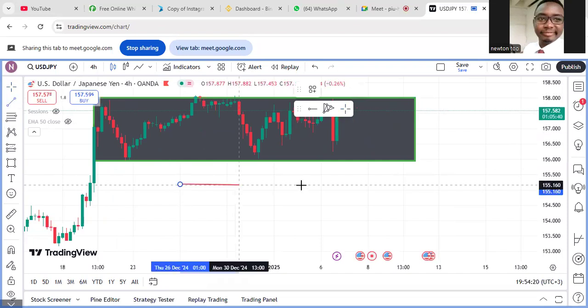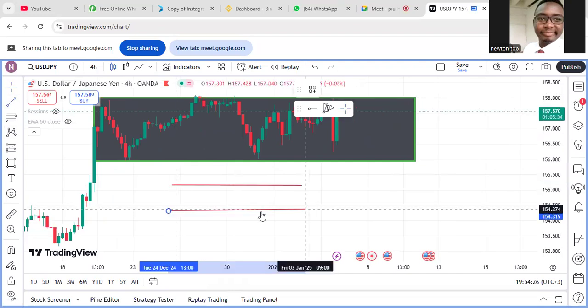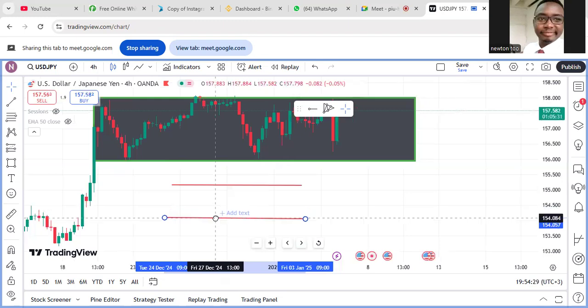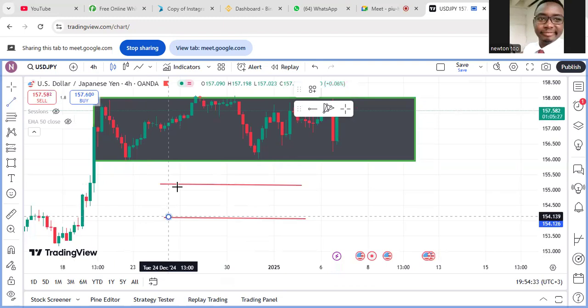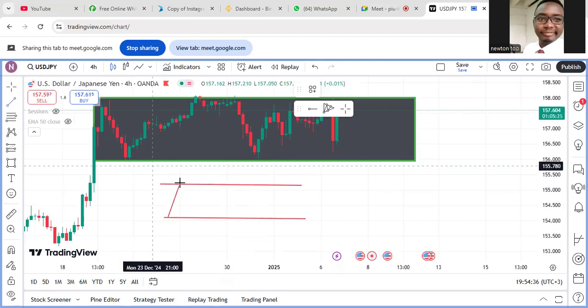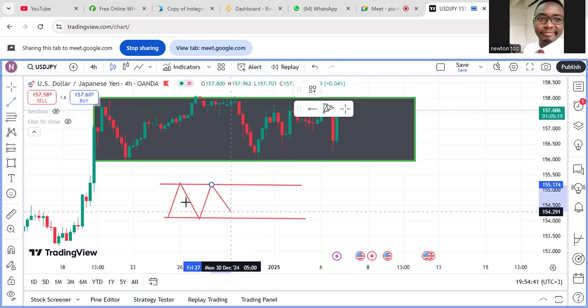So here, let's say these are ceiling. Then we have something like this. So that's gone like this, then like this, then like this, then kind of like this.